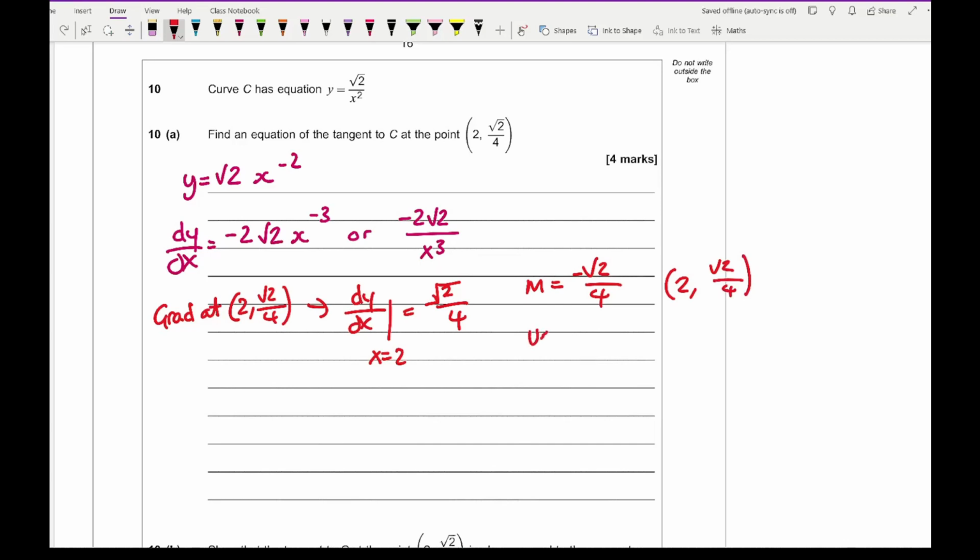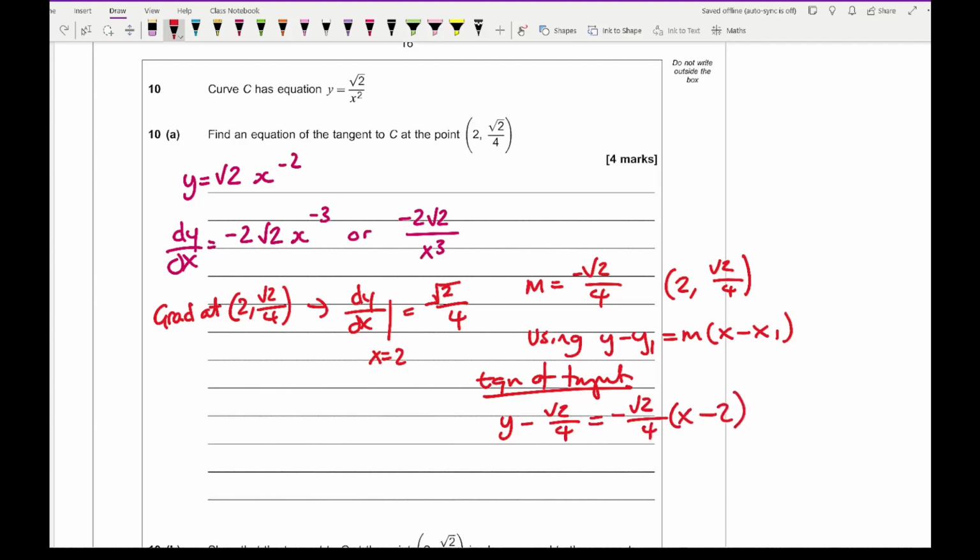So then using y minus y1 equals m(x minus x1), the equation of the tangent is going to be y minus root 2 over 4 equals minus root 2 over 4 (x minus 2).